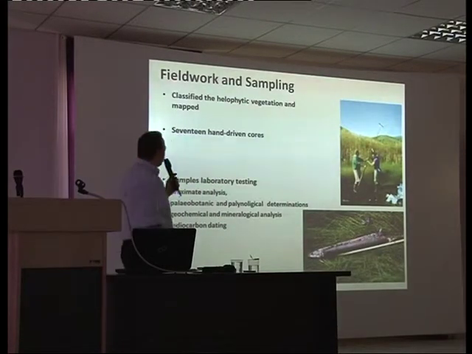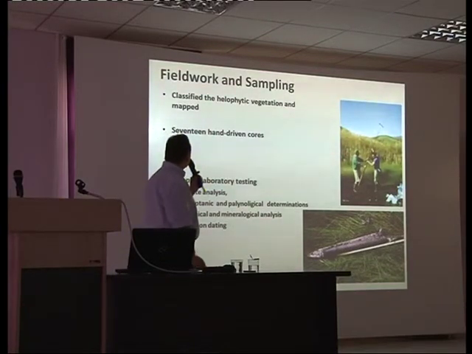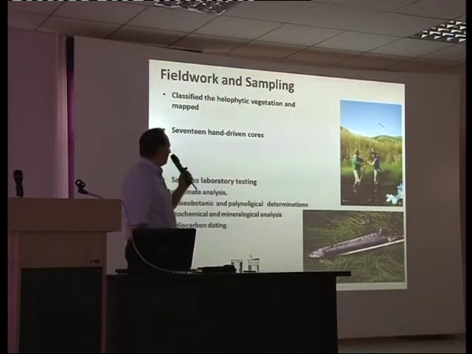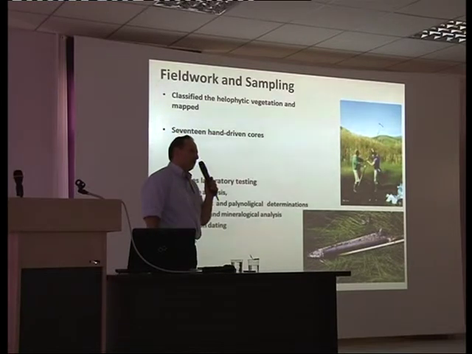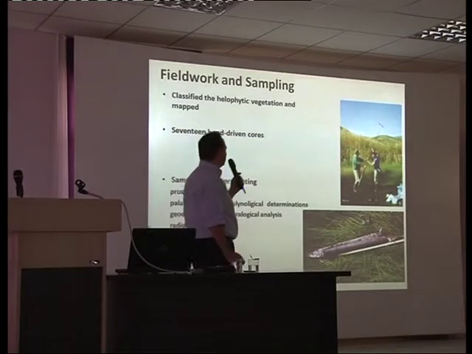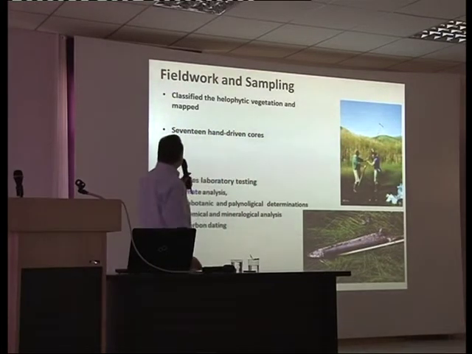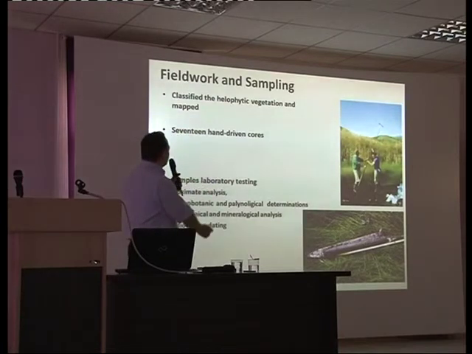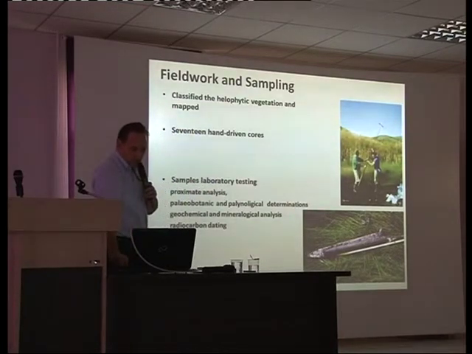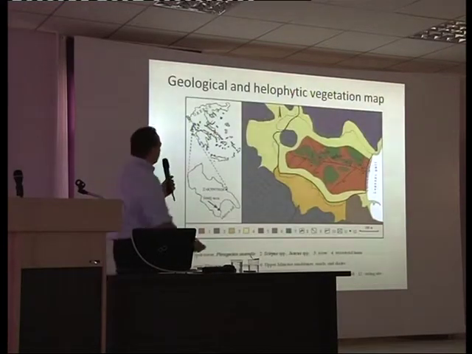Our field work started in 1996 and 1999, and is continuing, I think, up to now with many masters and some PhDs. We did the helophytic vegetation map, you can see here.